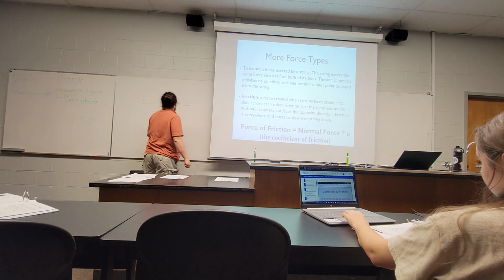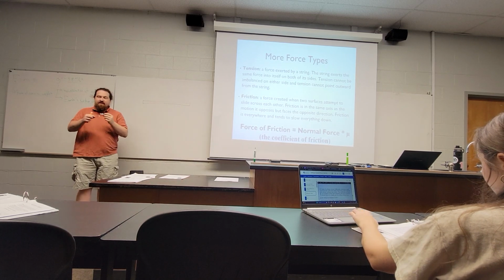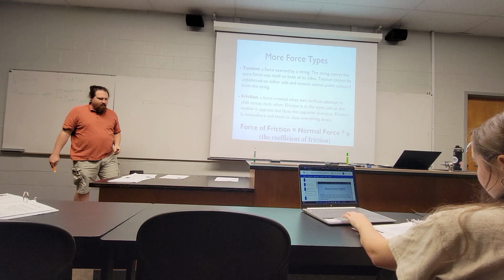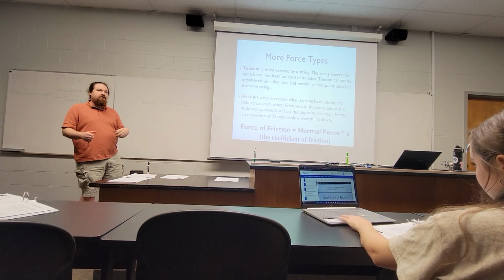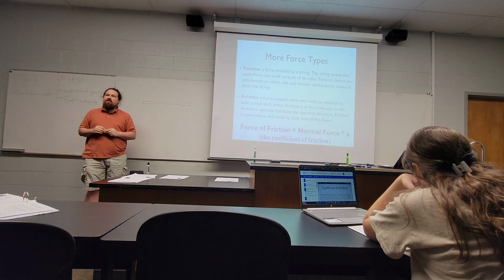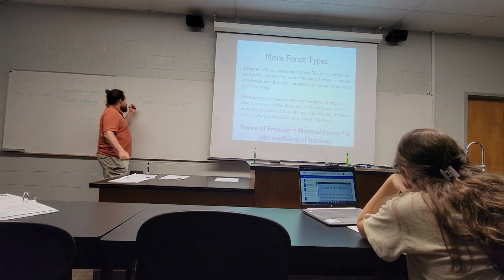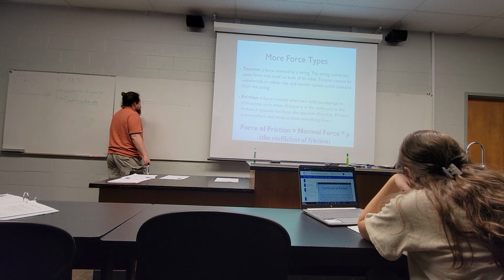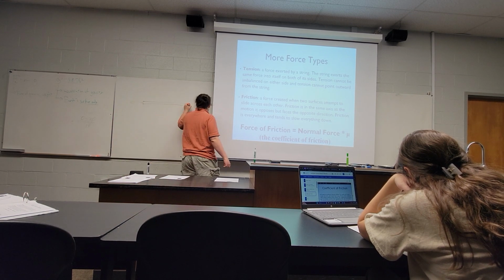This black box here is going to represent a piece of string. And in order to put a string under tension, some force has to be pulling outwards on both sides. So these orange arrows are going to represent that outward applied force.